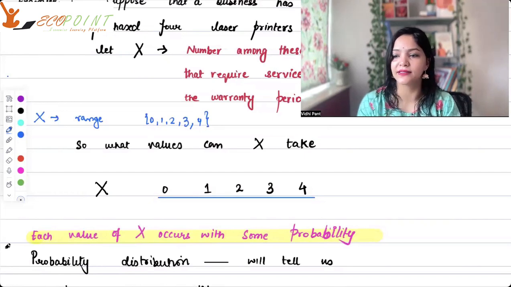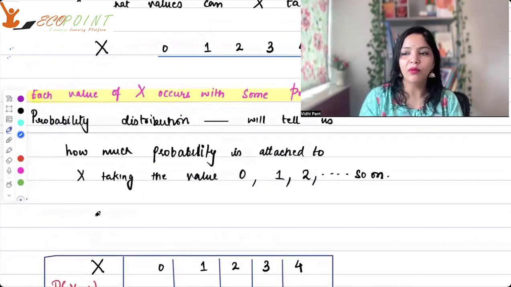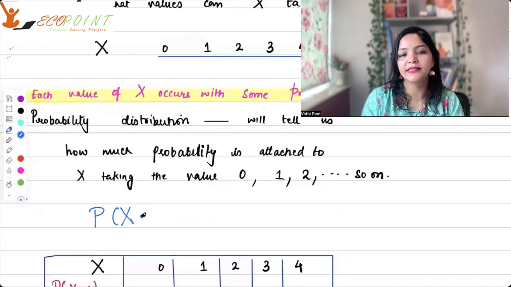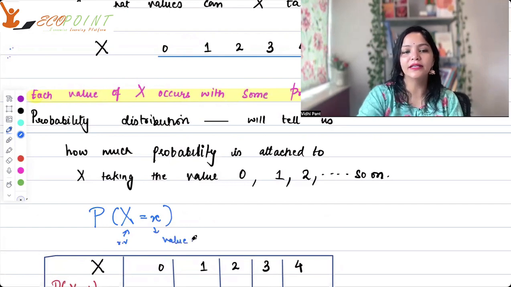It will tell us how much probability is attached to every value that X is taking. Like in this example, X is taking value 0, 1, 2, 3, so on and so forth. So the probability distribution will attach a probability, that is, probability X is equal to value x. This is for the random variable, and this is for the value that the random variable takes.